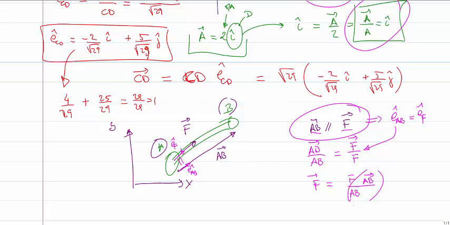Since we know the physical bar, we know everything about A, everything about B. Therefore, we know vector AB. Once we know vector AB, we know its magnitude. Therefore, now we have expressed F as its magnitude, which is unknown, times its direction. And now this direction is entirely known.